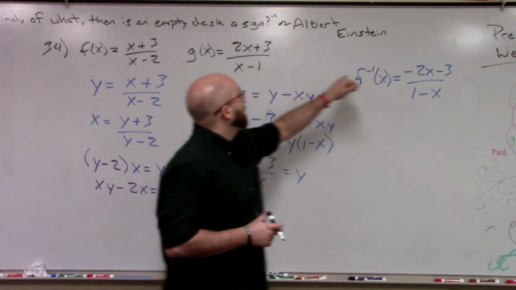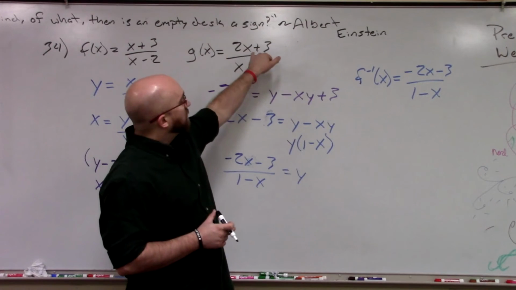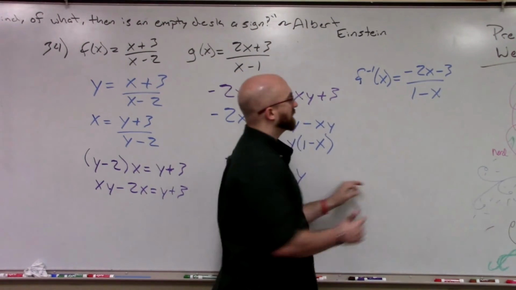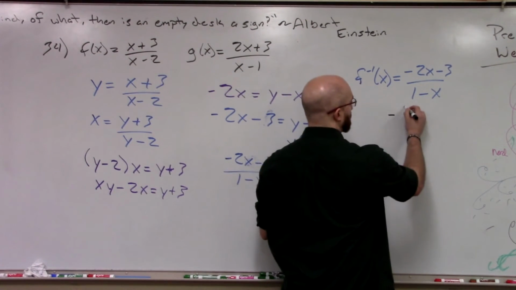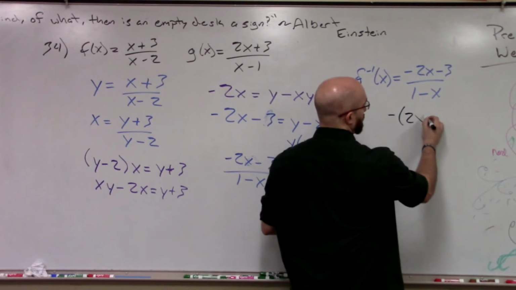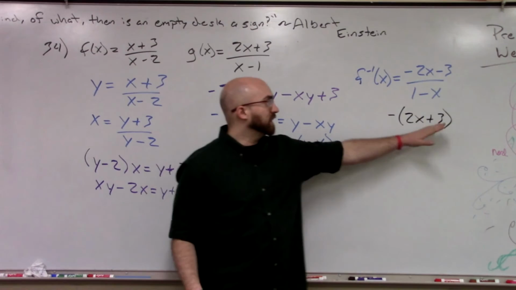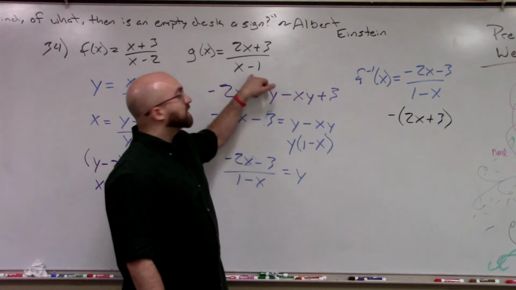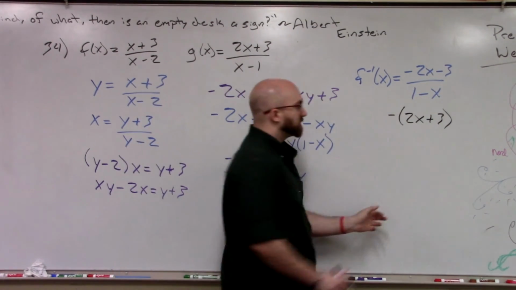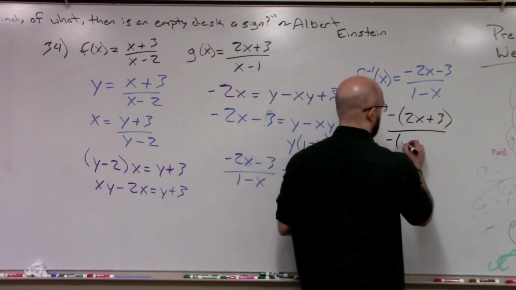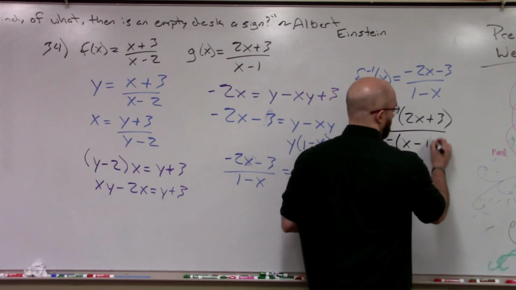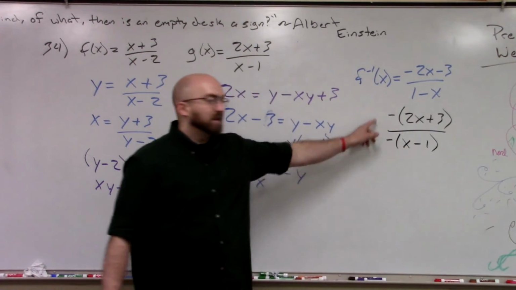I want this negative 2x minus 3 to look like this, so I'm going to factor out a negative 1 from there. That's the same thing if I distribute that negative. And I want this 1 minus x to look like x minus 1, so I need to flip the negatives around. And we get that. The negatives cancel.